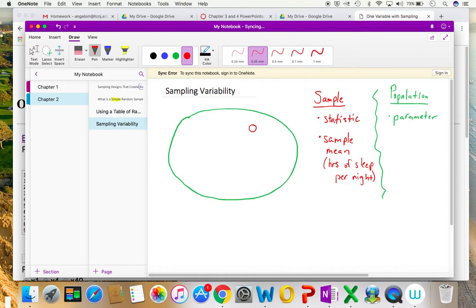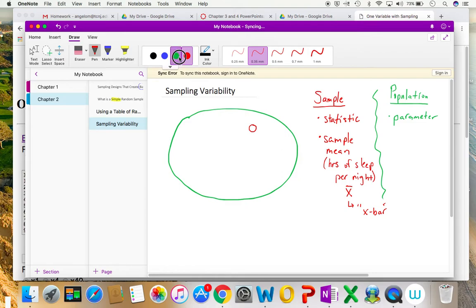The reason we refer to it as a mean is because we measured how much sleep we get per night, not in percentage, but in hours, minutes, and seconds. We would label this with X with a little bar over top of it. Simple enough, we would say this is X bar. That's how we read that.